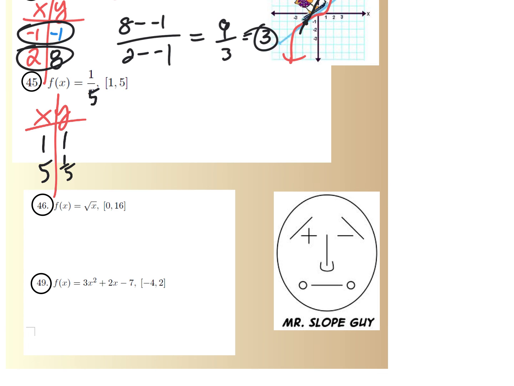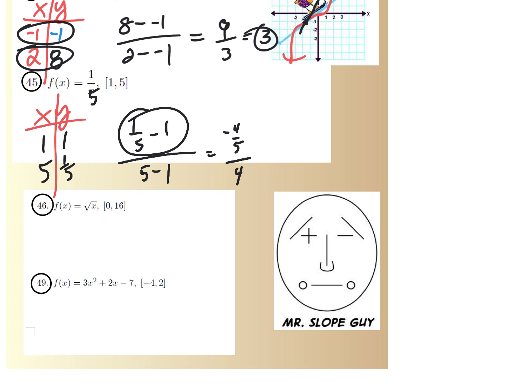Then, how do I find the slope? 1/5 minus 1 over 5 minus 1, which is 1/5 minus 1 is really -4/5. And 5 minus 1 is 4.